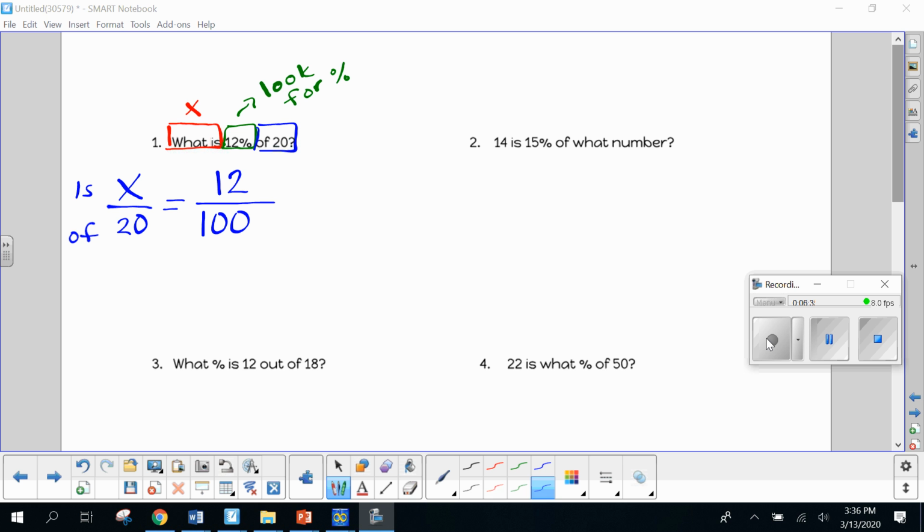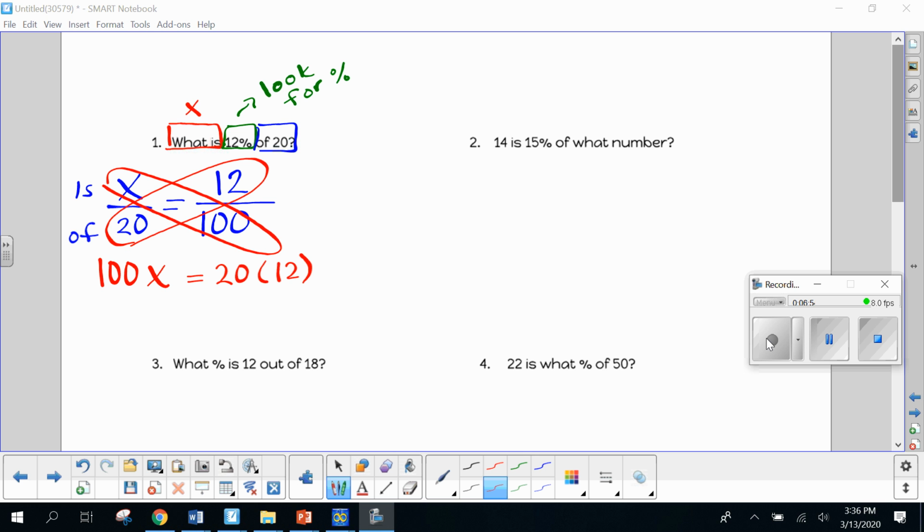To solve this, we're going to cross multiply. Well, cross multiplication is x times 100 is 100x, which is equal to 20 times 12. That's going to give us 240.